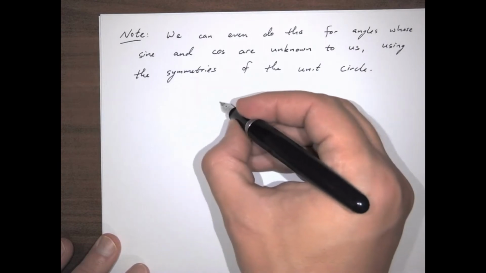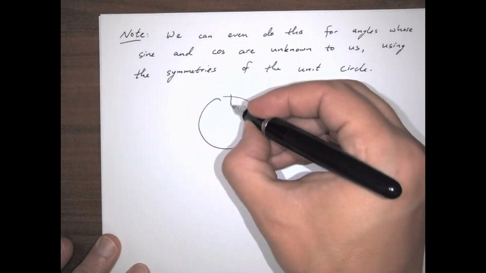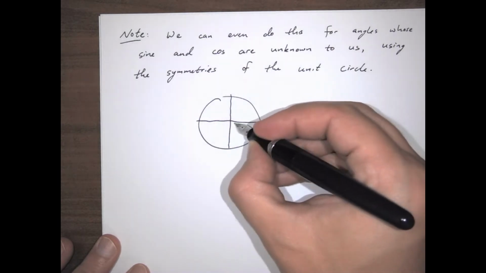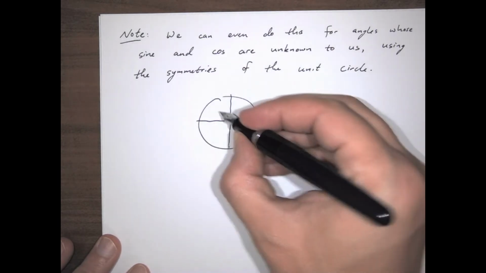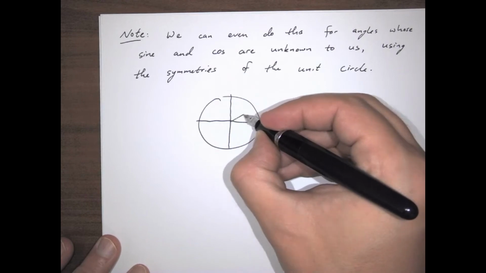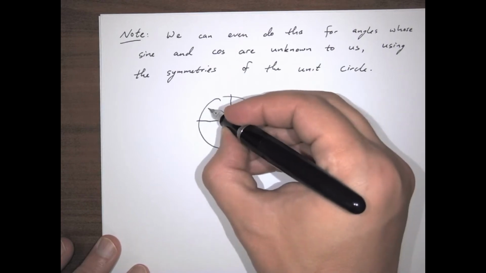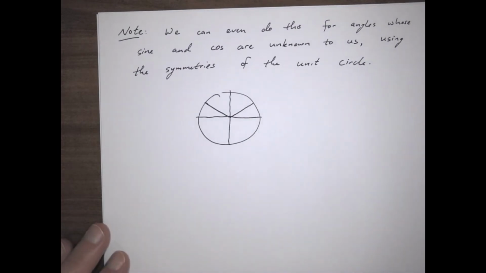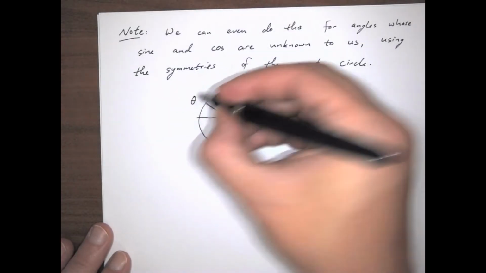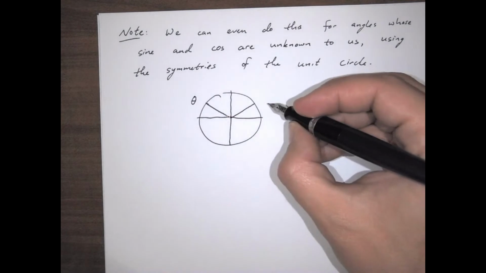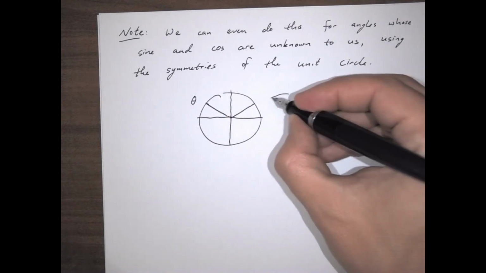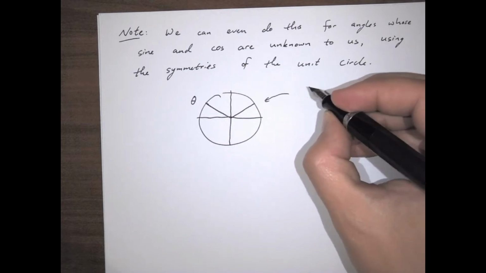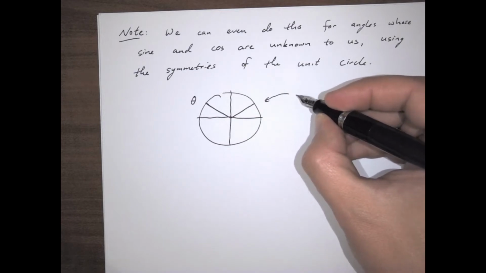so actually here, let me point out the two useful symmetries that will come in handy here. If you have some theta and you don't know its sine, but you know that it's in the wrong spot, like let's say it's over here, so this is just some random angle, let's call this theta. Then if we want the angle over here, the angle that has the same sine, it's going to be pi minus theta.